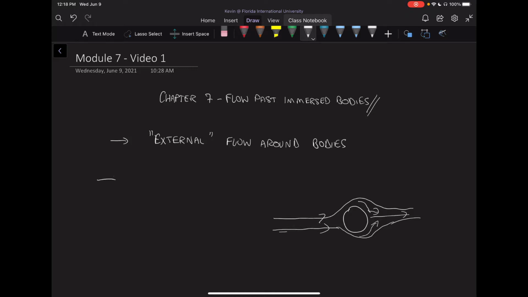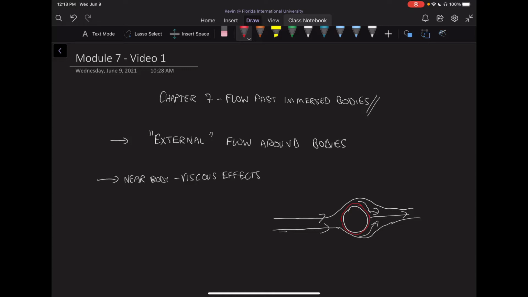We're going to be interested in near body flow, which is our flow next to the body, and we're going to be interested in studying the viscous effects of this near body flow. Okay, so that's flow that's very, very close to the body, highlighted in red here. So we're looking at what happens around the body, very, very close.